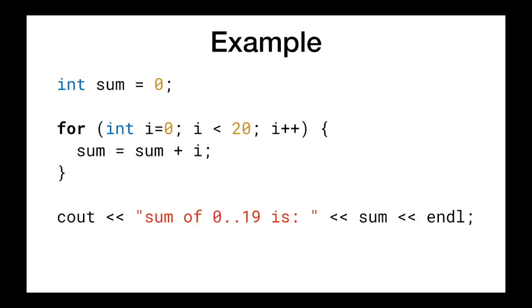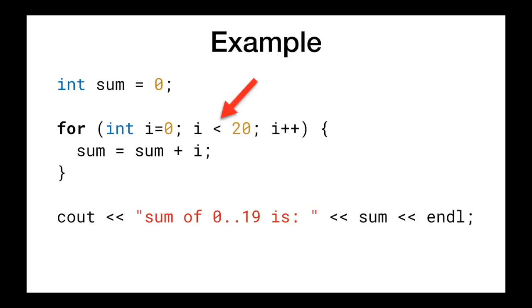Here's a simple example that doesn't involve any arrays. We're just adding up the numbers from 0 to 19, not including 20. First, we initialize a variable called sum, and we set it to 0. Then we run the for loop. The initializer runs only one time, where we make a new variable called i, and we set it to 0.